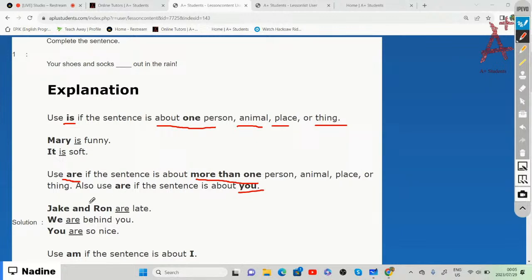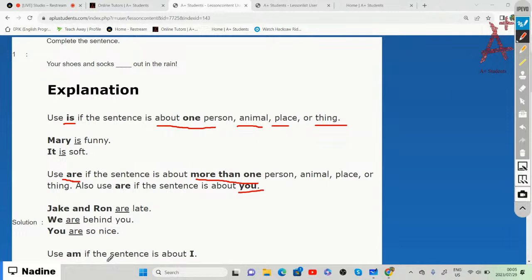And this is more than one person that we are talking about. So it says we also use are if the sentence is about you, where you can say you are so nice. So you don't say you is so nice, you say you are so nice. We are behind you, and the word we refers to more than one person, right?